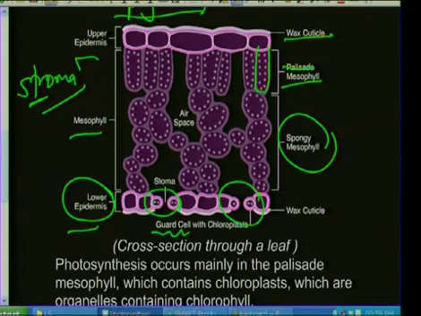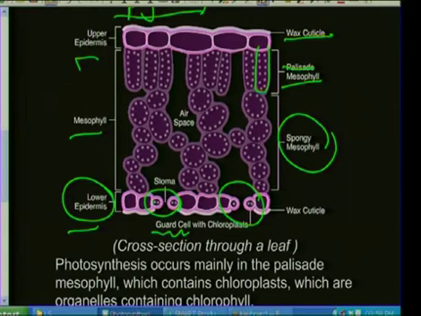For example, stroma is found as a liquid in mitochondria. So notice, you can say it's a spelling mistake, but because something else in life science has this, then it's marked incorrect. I'm going to take that away so we do not confuse each other.